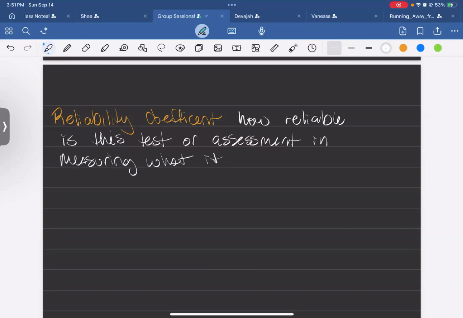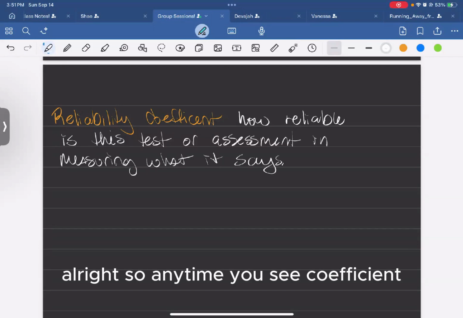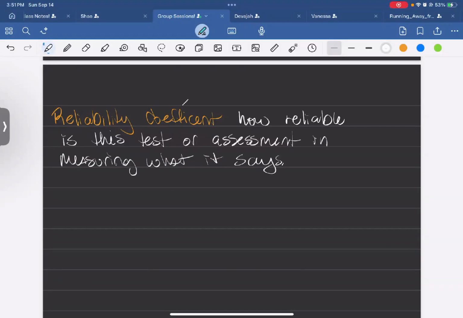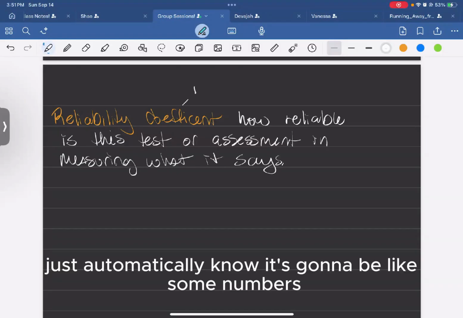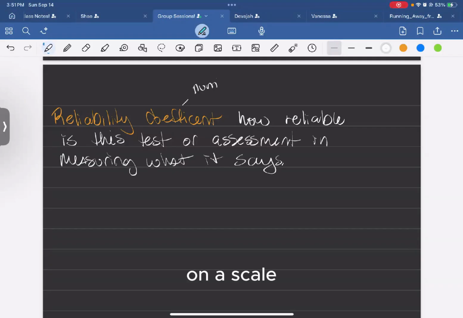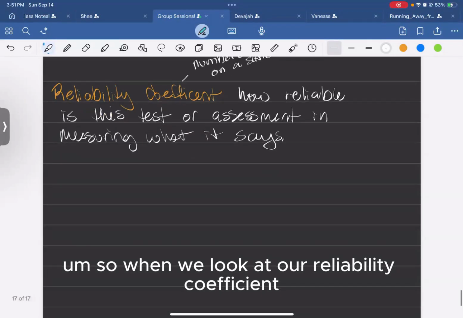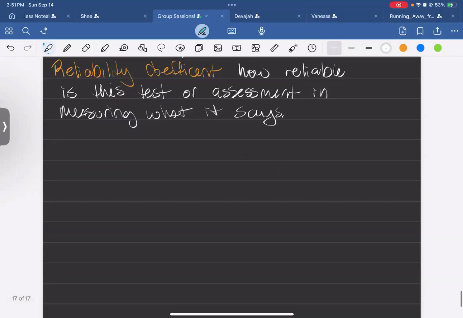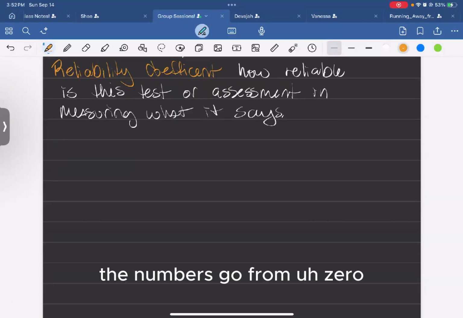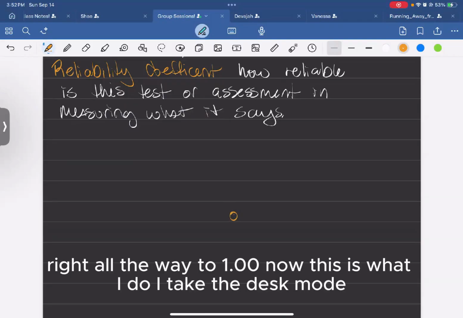Anytime you see coefficient, just automatically know it's going to be some numbers on a scale. When we're looking at reliability coefficient, the numbers go from 0.0 all the way to 1.00.